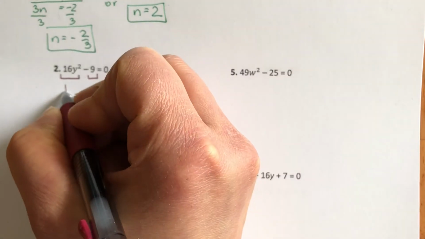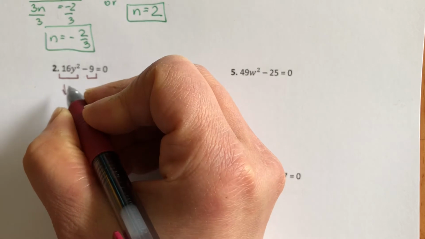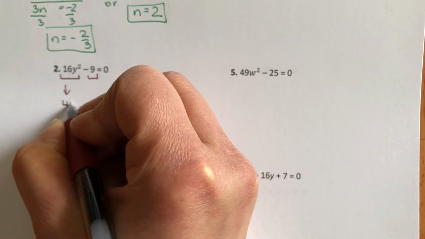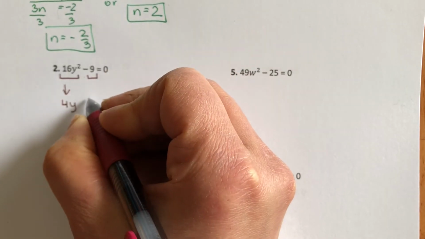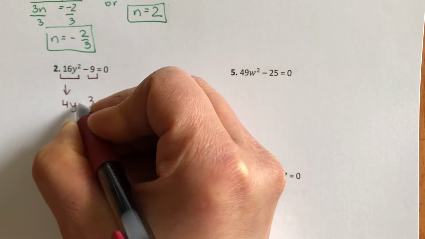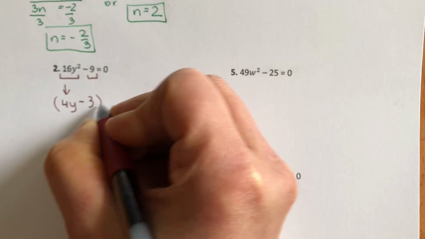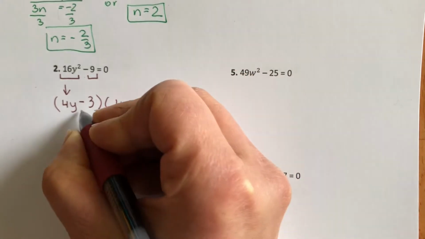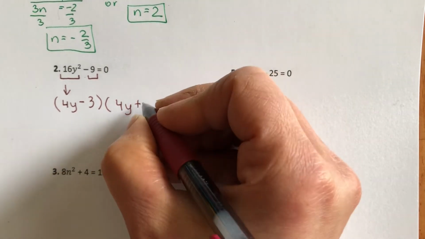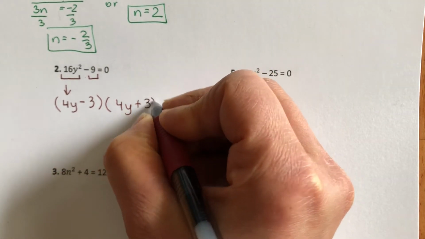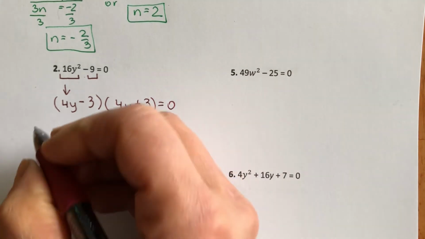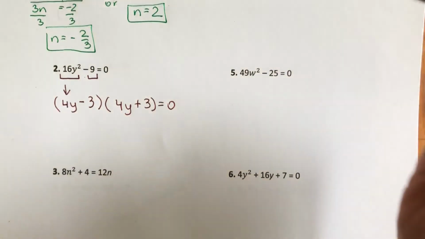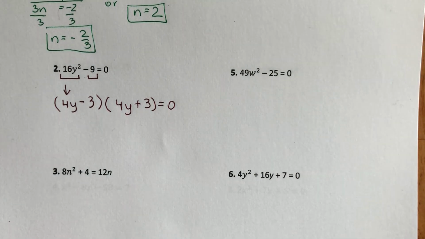So I think about, okay, what squared is going to give me 16y squared? That would be 4y. What squared will give me 9? That will be 3. And remember, the difference of squares will work that way: you have the same terms, but one parenthesis will have the negative sign and one will have the positive sign. So this is equal to 0. Now we did the second step, and we have to apply the zero product property.